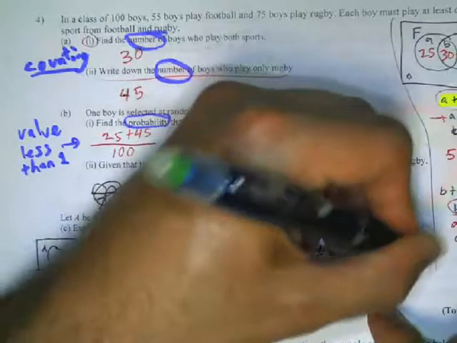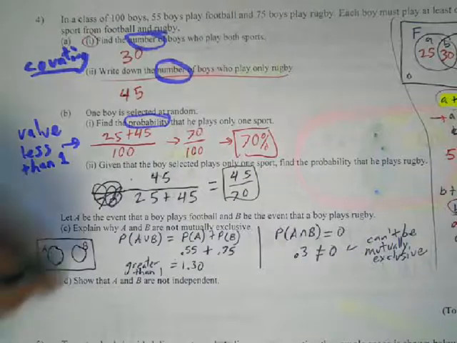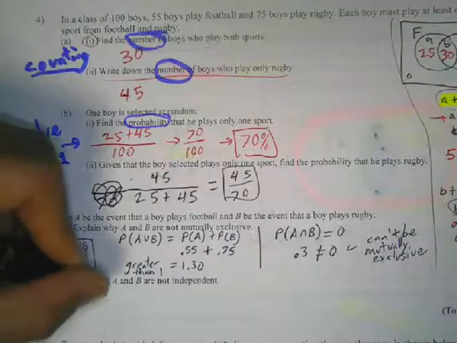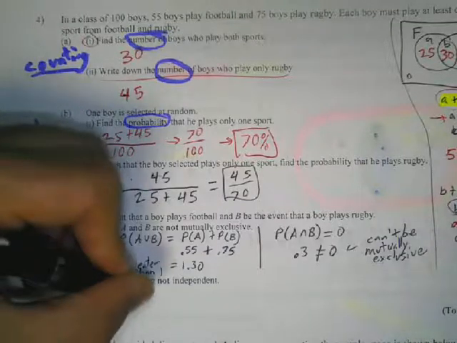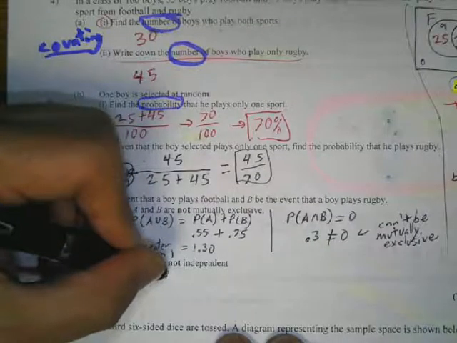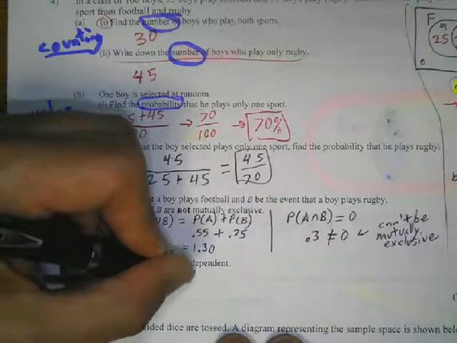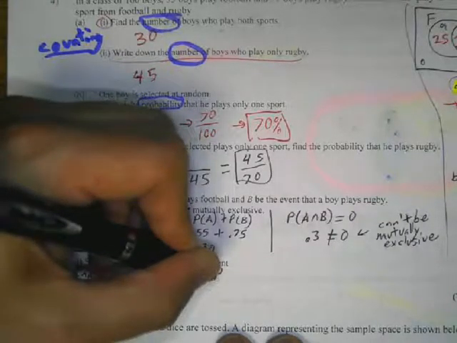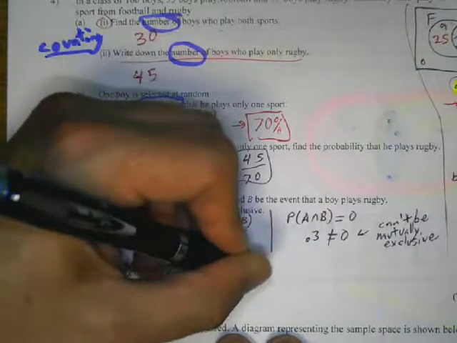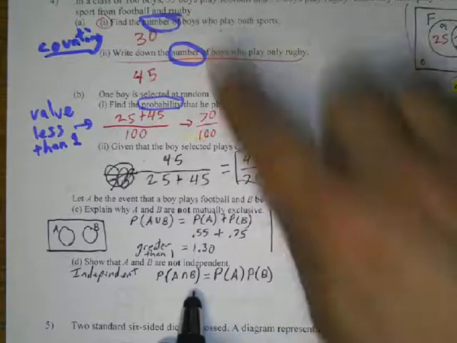Okay, next question. Show that they are not independent. Okay, so for independent, the formula for independent is the probability of the intersection of A and B must equal the probability of A times the probability of B. Now, the probability of A is 0.55.